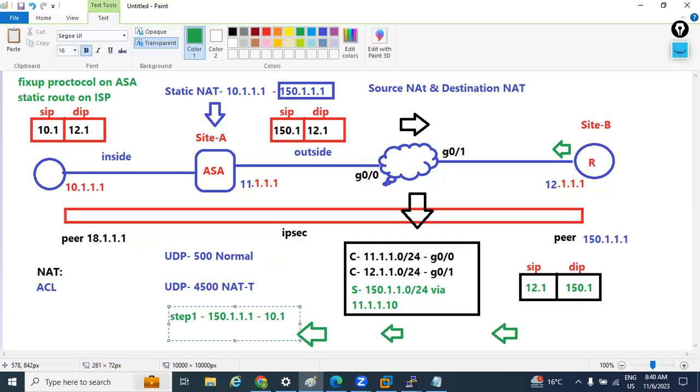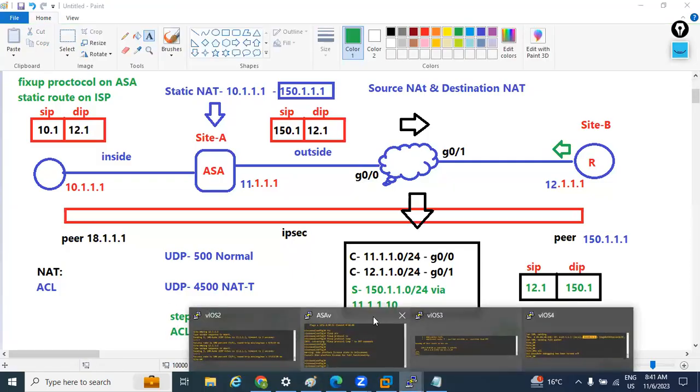Correct. And after that, there would be an ACL. Right, guys? So then we have to configure the ACL with source IP 12.1 and destination IP 10.1. So let me configure an ACL here.